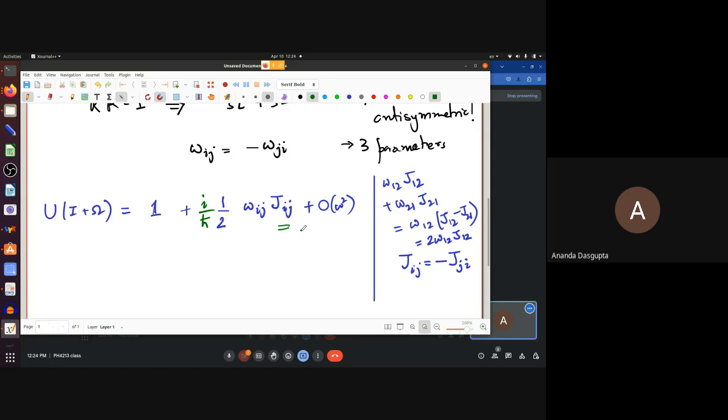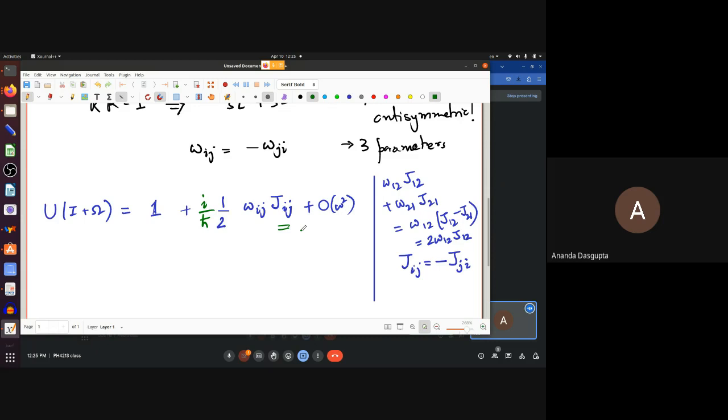Although this looks like there are nine, you should realize that because of Jij equals minus Jji, all the Jii are zero, and if you know three off diagonal pieces, when I say off diagonal, I mean i not equal to j pieces, you know the other part. So there are only three independent such J operators, which is very nice because that's exactly what we have for angular momentum. Clear?